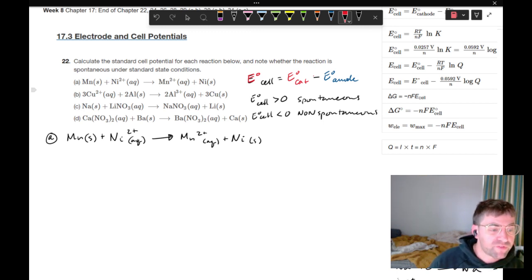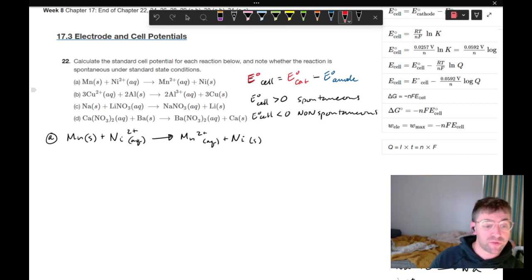for this, we can find the standard cell potential by subtracting the anode half reaction from the cathode half reaction. So the anode is the site of oxidation, and the cathode is the site of reduction.